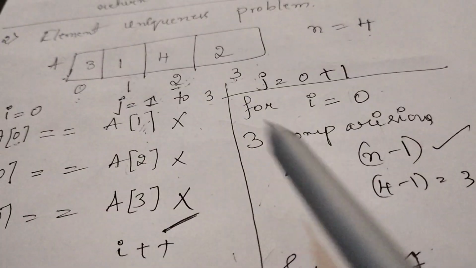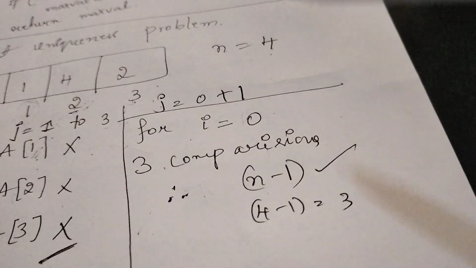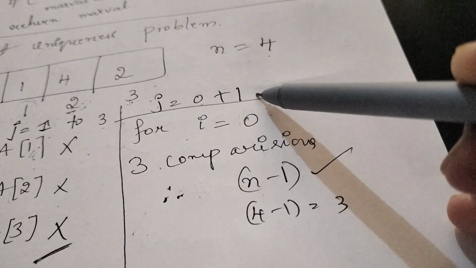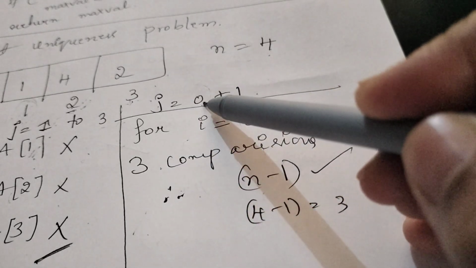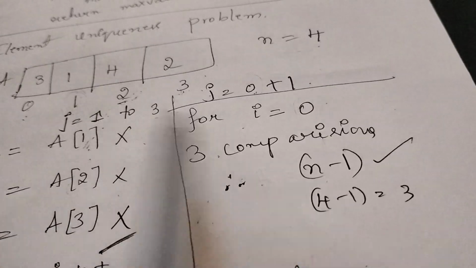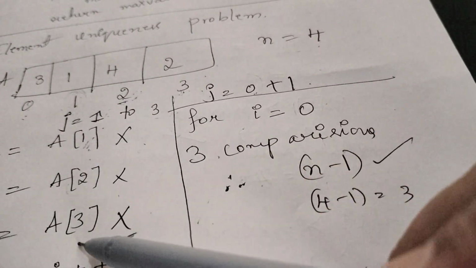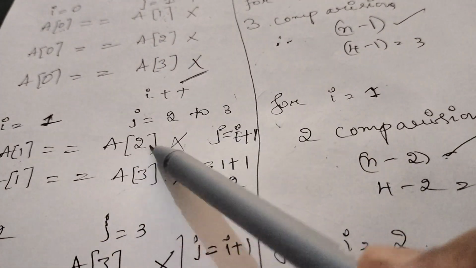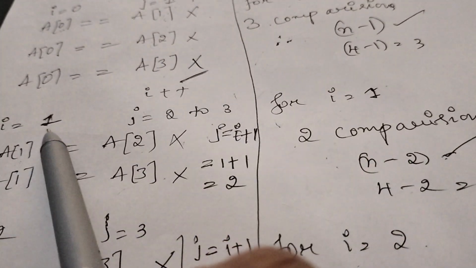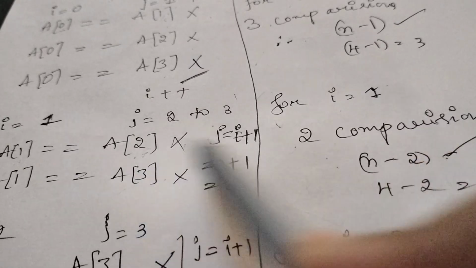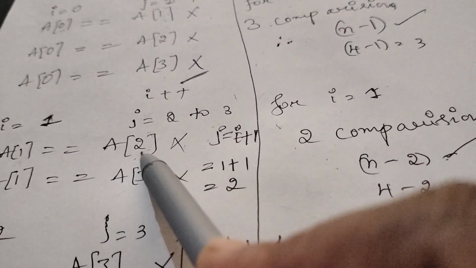Your j loop has to start from I plus 1. Why? Because for I value 0, it will run over 1, 2, 3. And for I value 1, it will run from 2. So when the I value is 1, the j value has to start from 2. How do we get the value 2 at the j index?